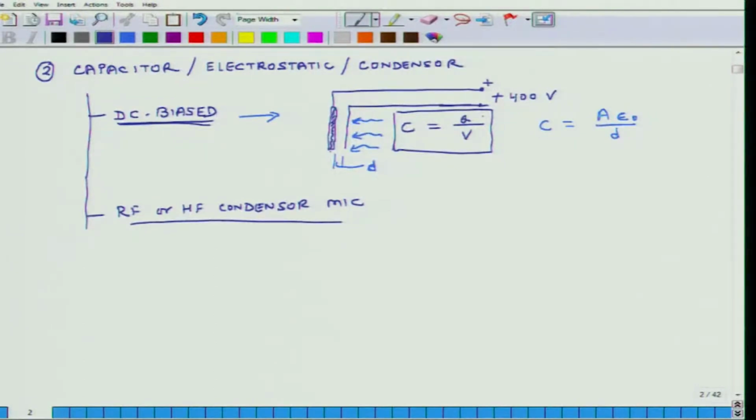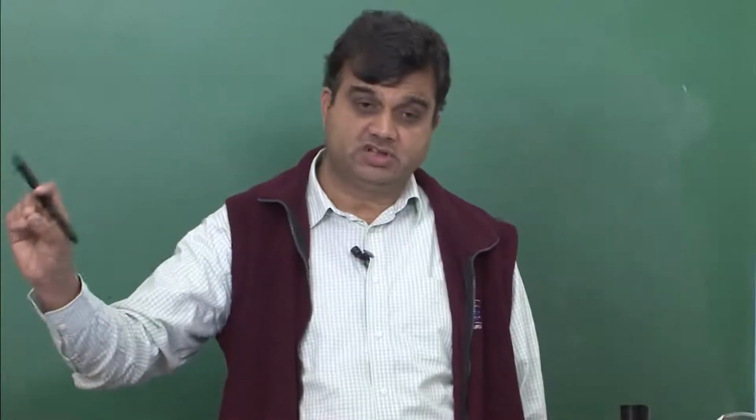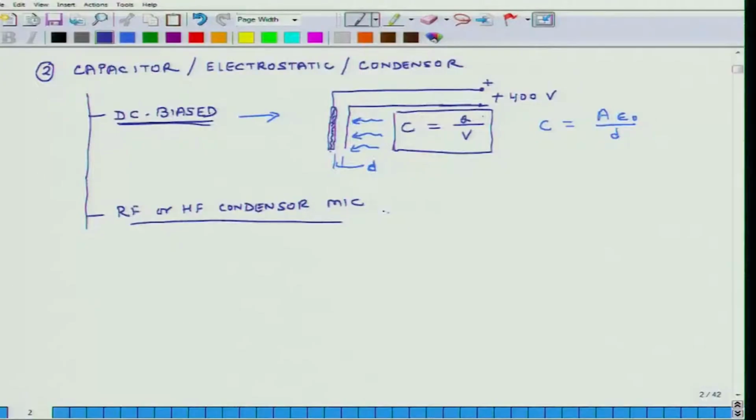Here we have an RF or radio frequency oscillator as a source, and the aim is not so much to charge the plates, but again, because of change in capacitance, the current which flows through the system changes, since now we have radio frequency or some alternating excitation across the plates. That change is sensed, and through that we are able to figure out the SPL. So this is the second category of microphone.